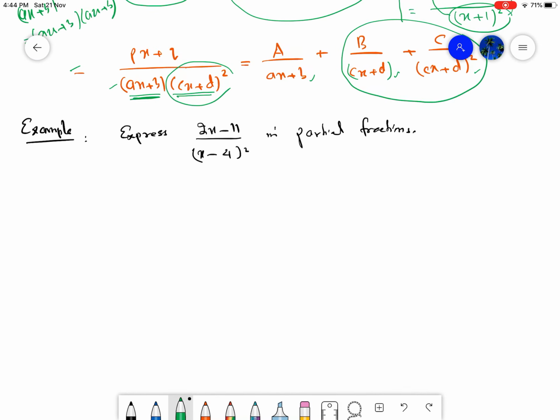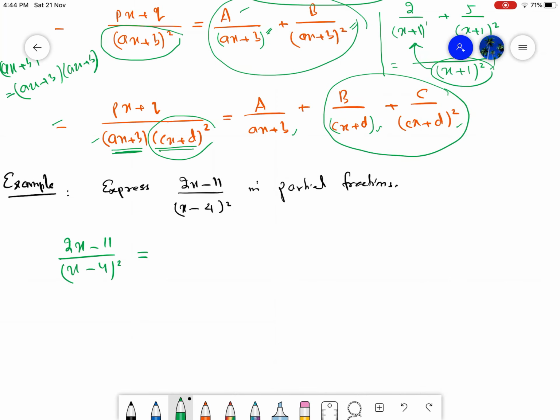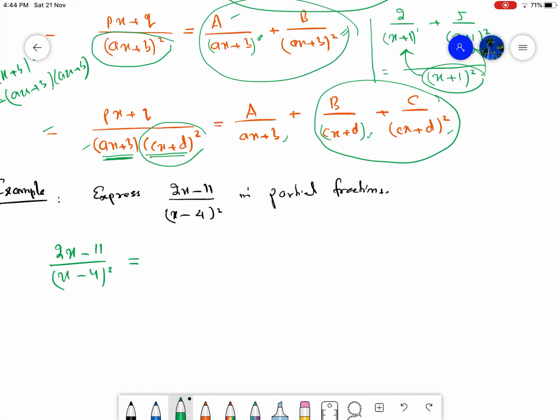Let us have a quick look at an example here. Express (2x minus 11) over (x minus 4) whole square in partial fractions. Clearly this is the case which we have discussed right now. There is a square in the denominator, so this is the case of a repeated factor. So A over (x minus 4) without square plus B over (x minus 4) with square.